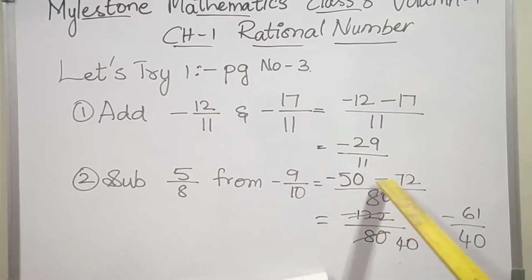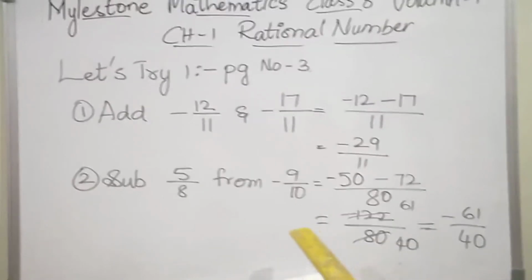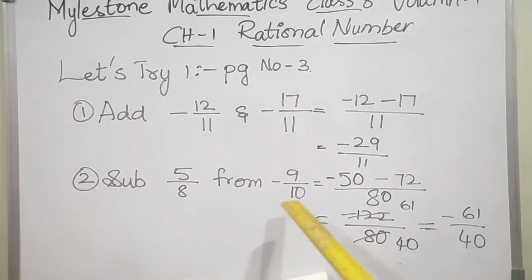So minus 50 and minus 72 gives minus 122. Minus 122 upon 80. We have 80 as the LCM of 8 and 10; it's not a multiplication actually. Understood? So this gets cancelled by 2. 2 61s are 122, 2 40s are 80. So our answer for the subtraction is minus 61 by 40.